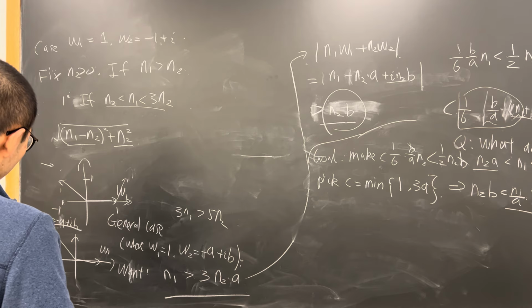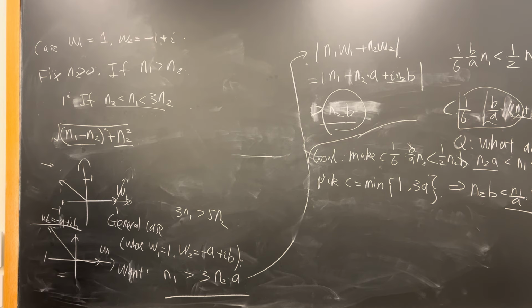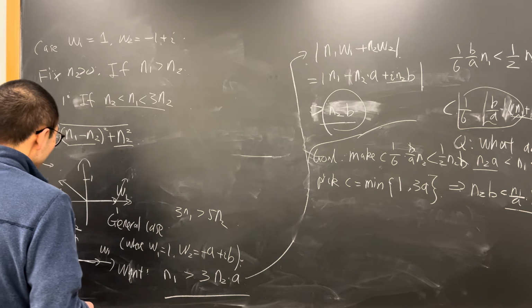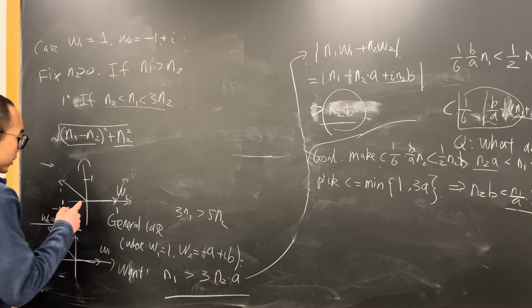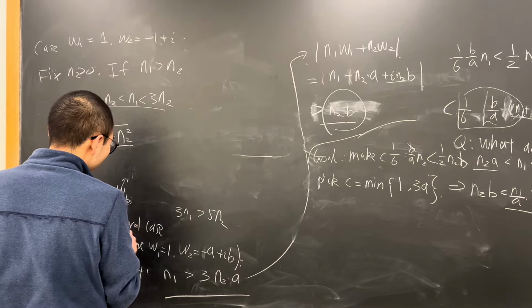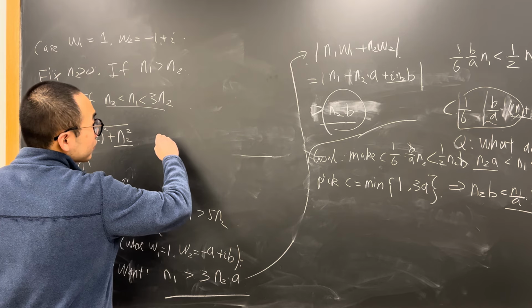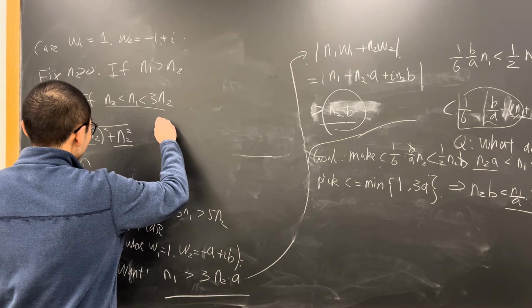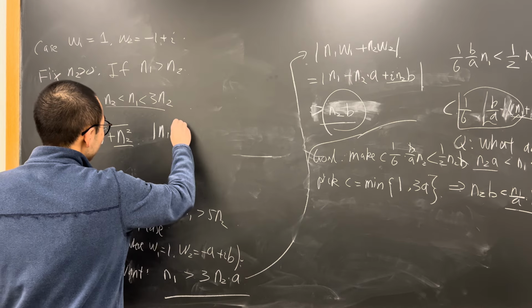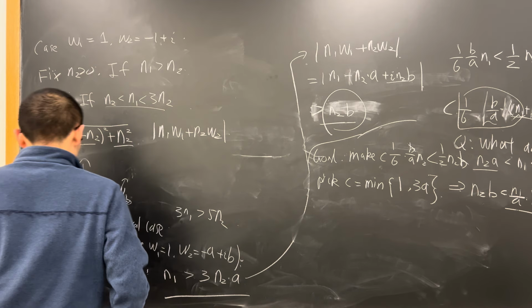In the most general case, we have a modulus of n1 omega 1 plus n2 omega 2.